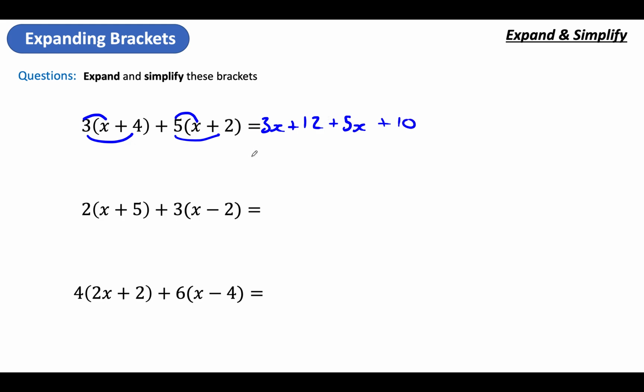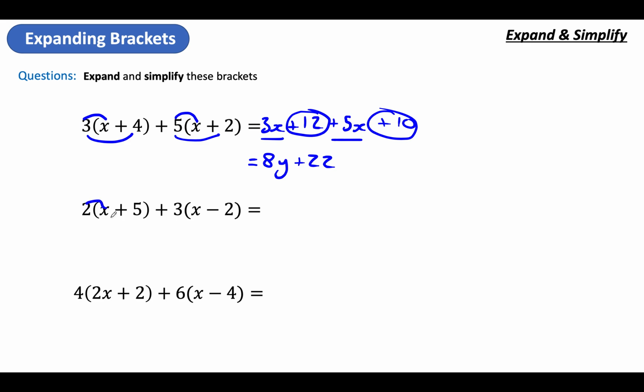So that's the expanded version, so well done if you got that. And then let's simplify. I've got 3x, and I'm going to add 5x to it. Remember, the sign in front tells you what to do. 3 plus 5 is 8. And then I've got plus 12, so I start at 12, just ordinary 12, and I add 10 to it. That is 22. So plus 22.